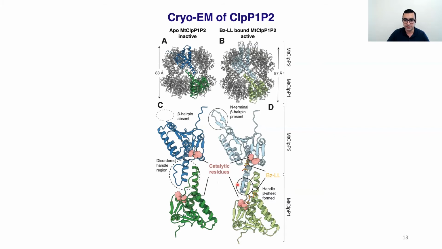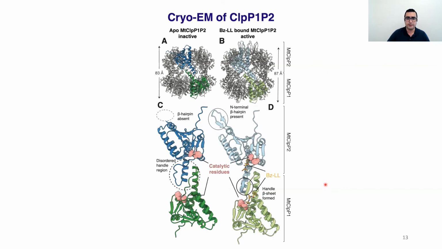This handle motif helps align and stabilize the catalytic residues, but it is quite disordered in the apo form. In particular, there's a histidine residue that helps align the catalytic triad that is missing.